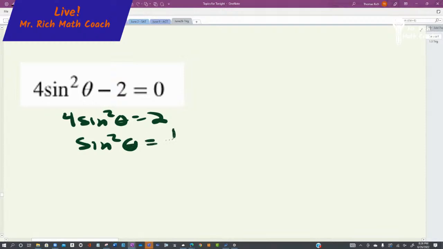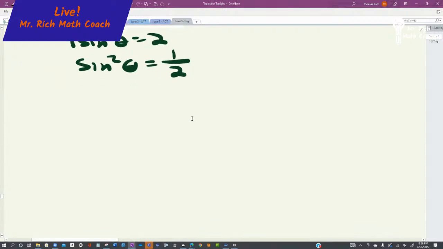So now I've got sine squared theta is equal to 1/2. I'm going to square root both sides. So that's going to give me sine theta is equal to the square root of 1/2, positive or negative.